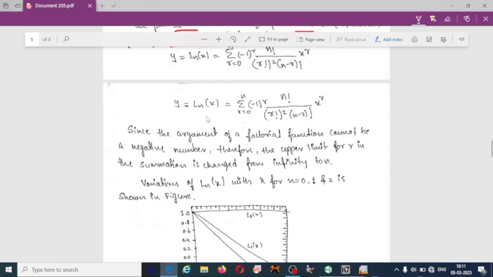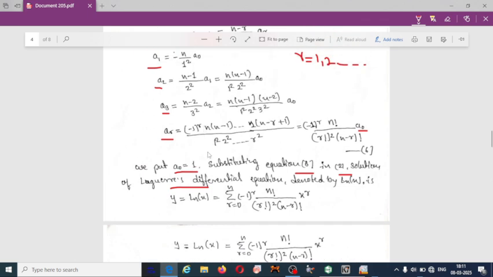Then the Laguerre differential equation solution is given by y equal to L n of x, summation r equal to 0 to infinity, minus 1 to the power r, n factorial divided by r factorial square, n minus r factorial, x to the power r.